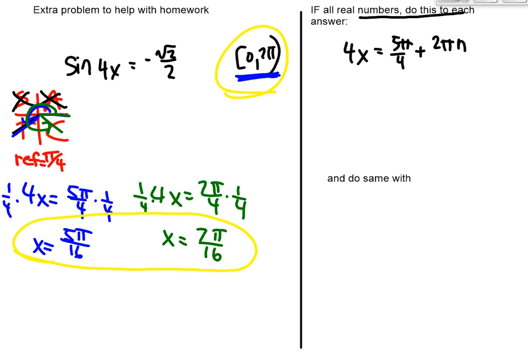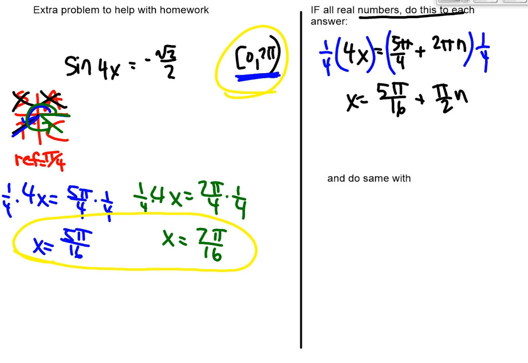Because think about what happens when I multiply both sides by 1/4 to get that x alone. I'm going to have x equals, it's still 5 pi over 16, but instead of plus 2 pi n, it's going to be 2/4 or pi over 2 n. So that's the thing that we have to be careful with.